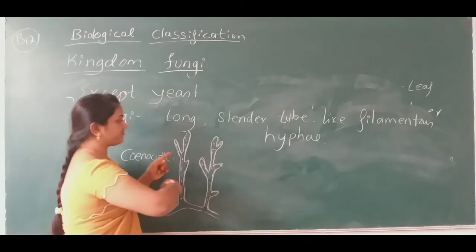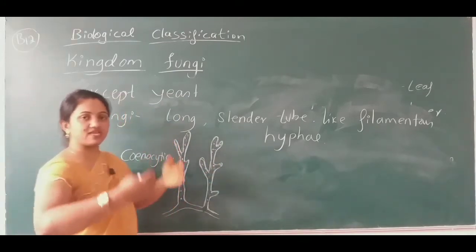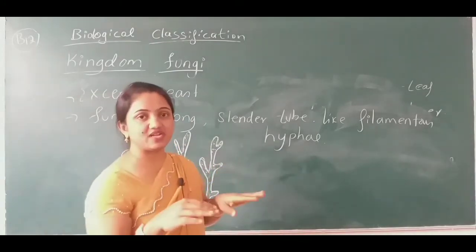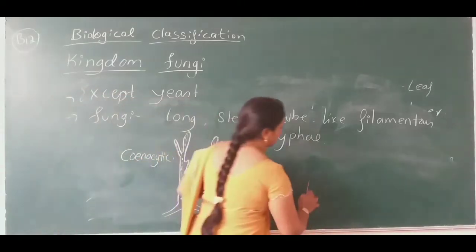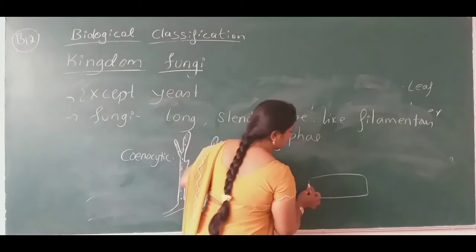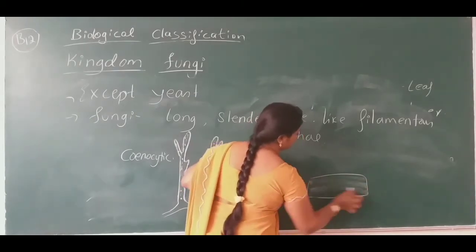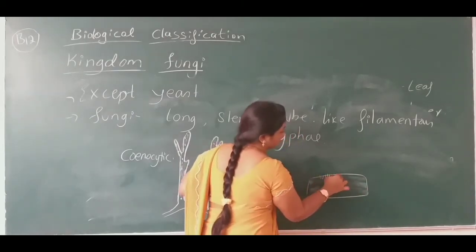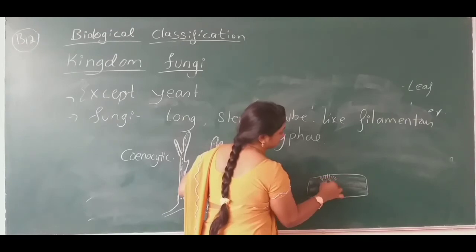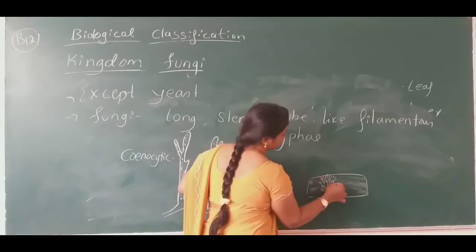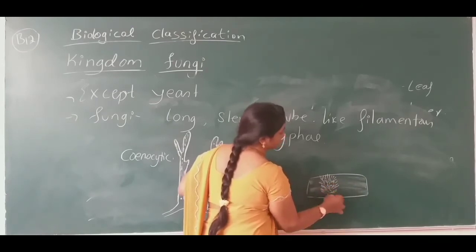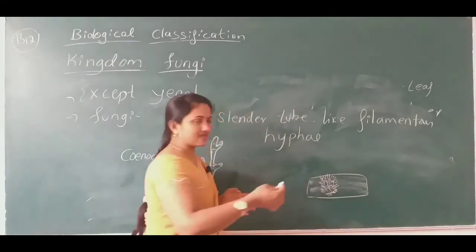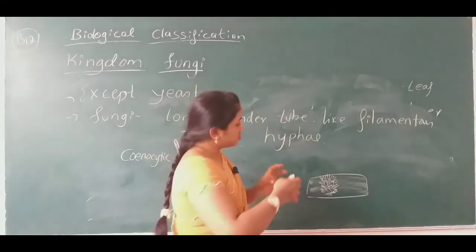A number of hyphae grow, they start germinating on a suitable substratum. If you have seen bread mold, you might have seen a number of these structures appear somewhat like this, black or white in color.